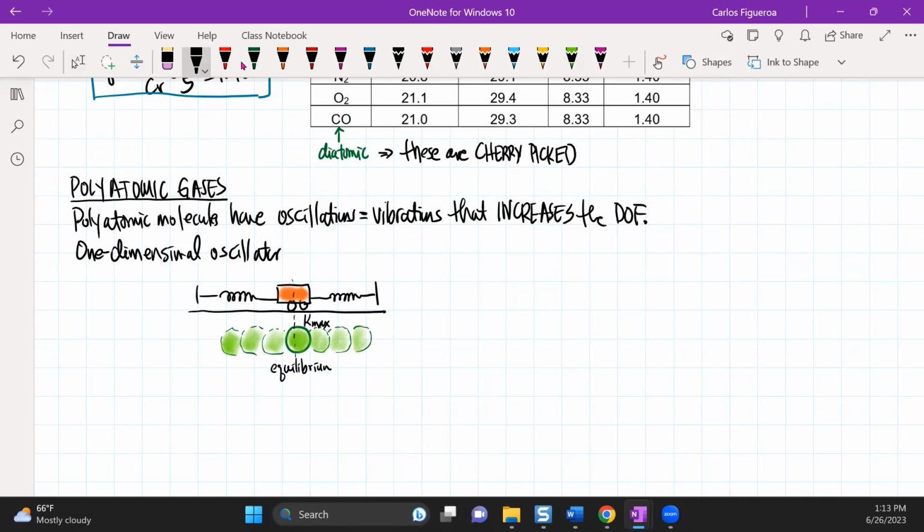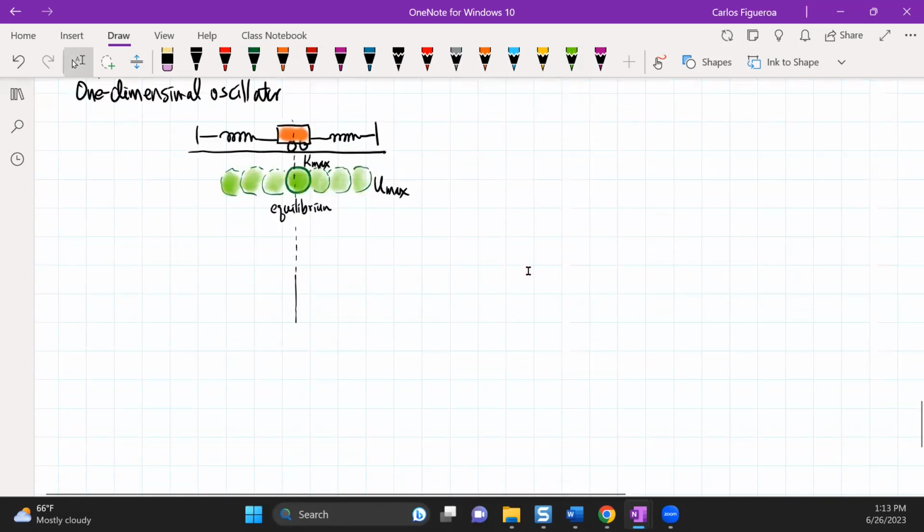And when you're farthest from the equilibrium point, you get maximum potential energy. A good picture to have in your mind would be the potential of a spring. If I look at a potential of a spring, it looks something like this.